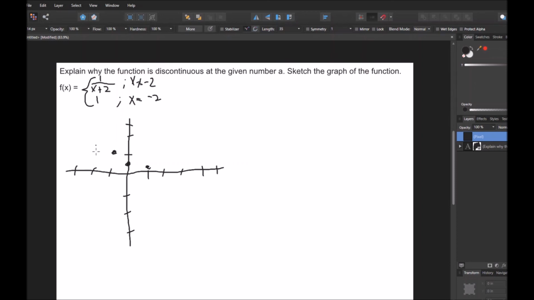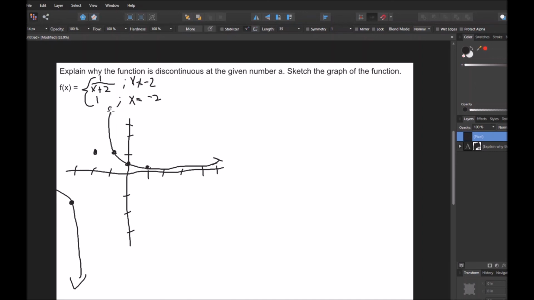At x equals -2, it would just be 1 again, so like that. And then at x equals -3, it would be 1 over -1, which is just -1 like this. So we can see that we'd have a graph that goes something like this.